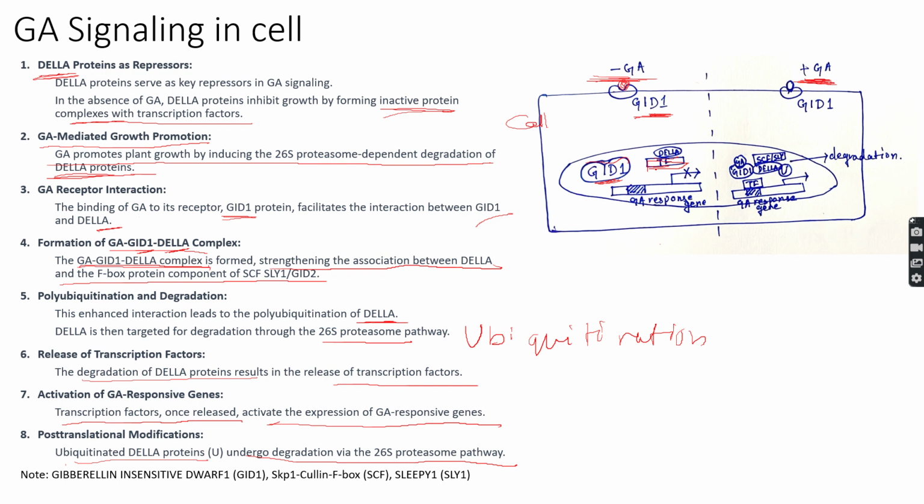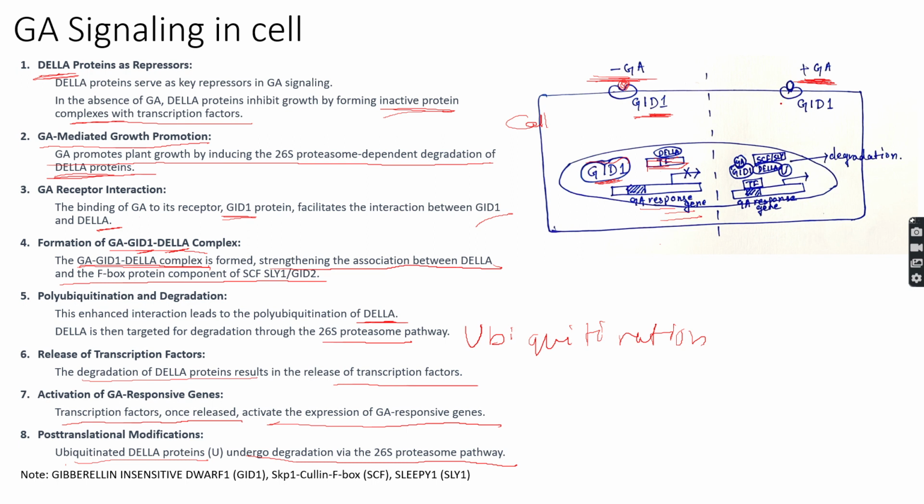This transcription factor is the main component which is responsible for the expression of GA responsive genes, but DELLA will block the work of the transcription factor. That is why the GA responsive gene will not be expressed.